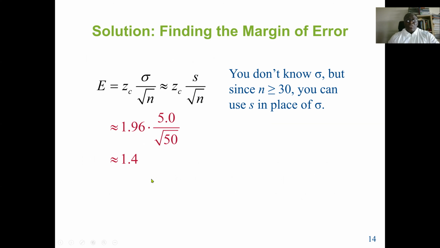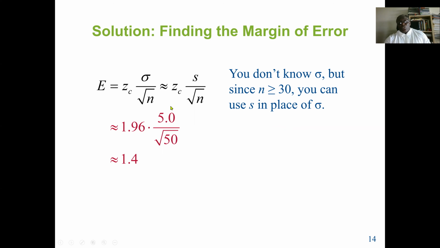So we go back to our standard normal curve. Remember, we have a 95% confidence interval, so the significance level will be again 0.05 or 5%. When you look at the standard normal table, that will give us 1.96.